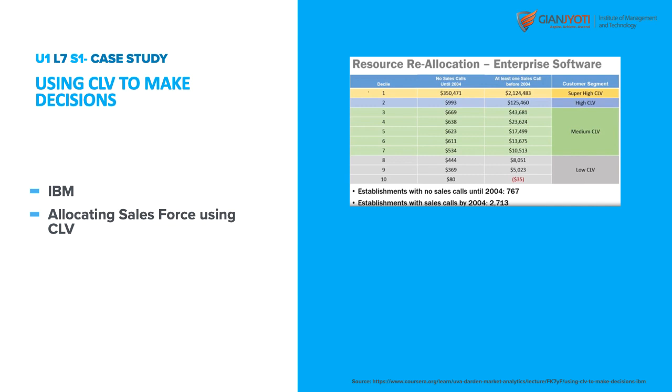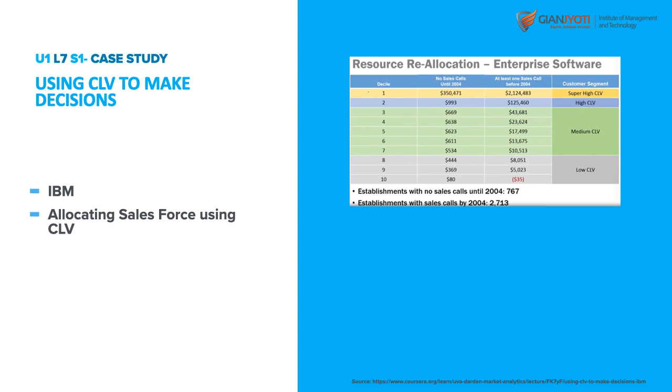So if you look at this chart here, they have 10 deciles. That is, they have made 10 groups here. Now these values are the CLVs. For example, this is group 1, or you can say company 1. Now this is a super high CLV customer for IBM.